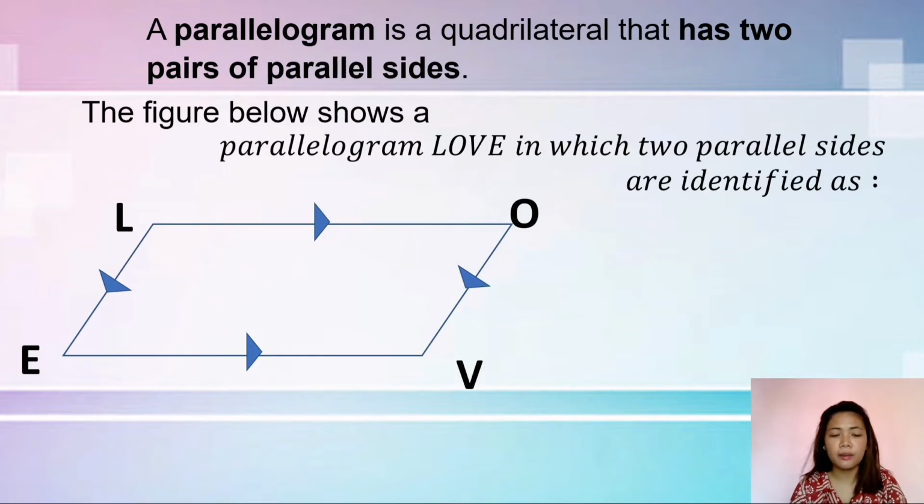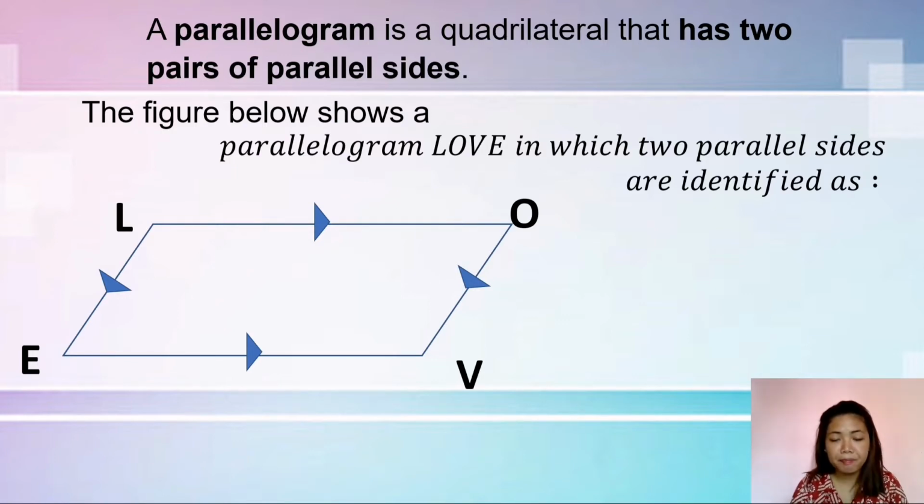So sa parallelogram, meron tayong apat na vertices. We have vertex L, vertex O, vertex V, and vertex E. For singular term, we have vertex, and for plural, we have vertices. So since we have four, a parallelogram has four vertices.